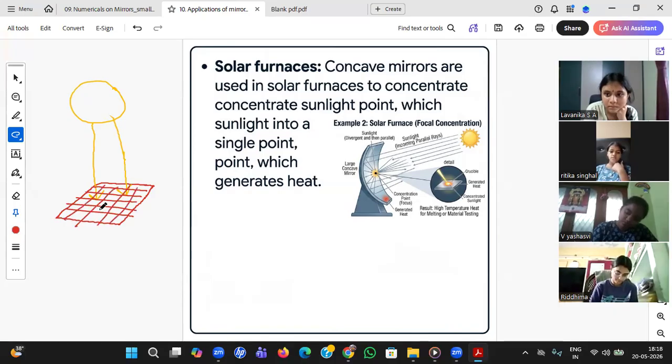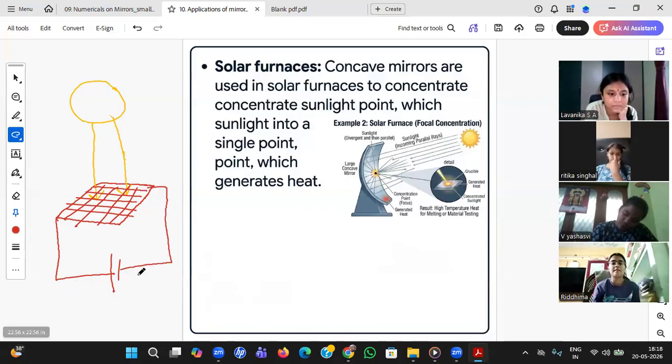Okay, this is a solar panel. This panel will convert it into electrical energy and store that electrical energy in the battery. And from the battery, we use it for the different purposes of our household activities. This is what the solar panel will do.